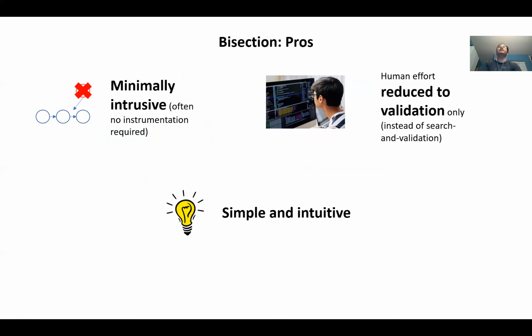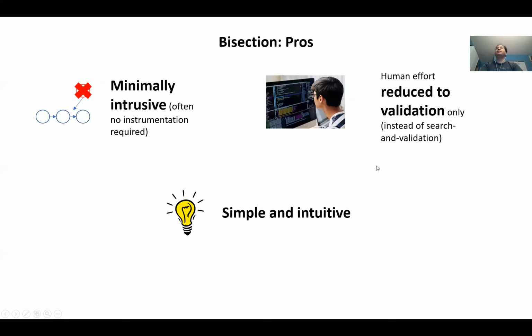For a lot of the other techniques that we mentioned earlier, for example call tree analysis, usually you have to instrument the code in some way. So it's going to introduce a little bit of overhead in the performance, right? Whereas if we want to test out the performance, we want as little of that overhead as possible. So with bisection, you don't have to include any of that instrumentation. Therefore, the overhead itself is minimized.